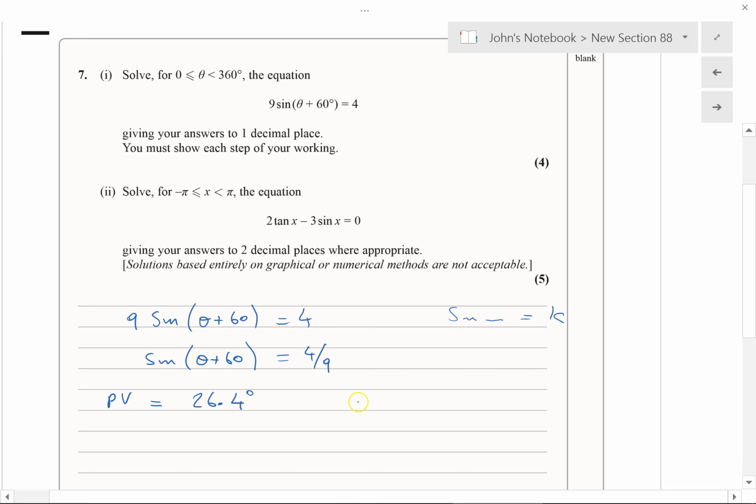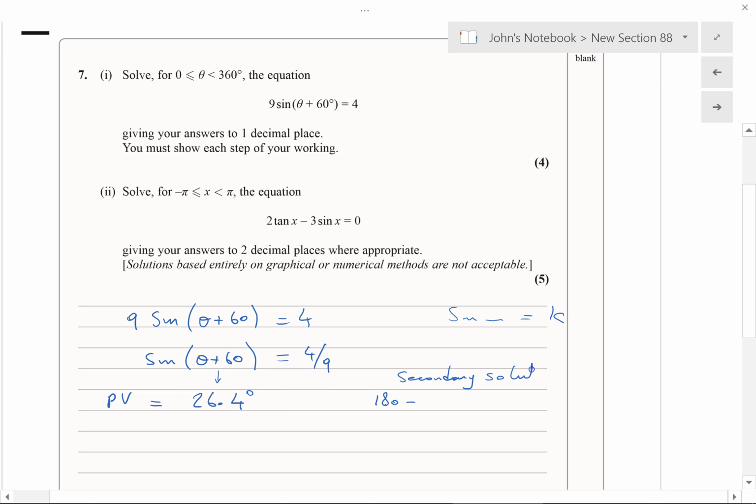So those of you who know me will know I don't particularly like to do graphs or cast diagrams for this type of thing. For the sine, we should be working out the principal value, and another solution is 180 minus the principal value, sometimes called the secondary solution.